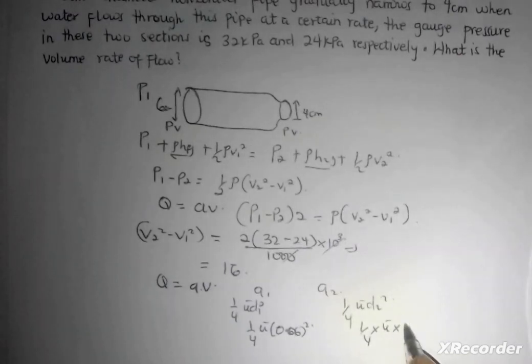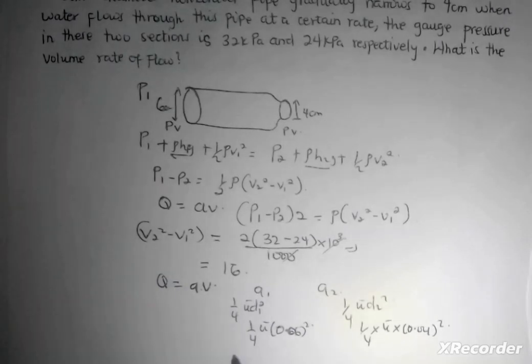Then here it's 1 out of 4 multiplying pi. Then our diameter is what? 0.04, all squared. So I need the area of these two parts. At this point, area 1 is equal to 0.25 multiplying pi, 3.142, then 0.06 squared.